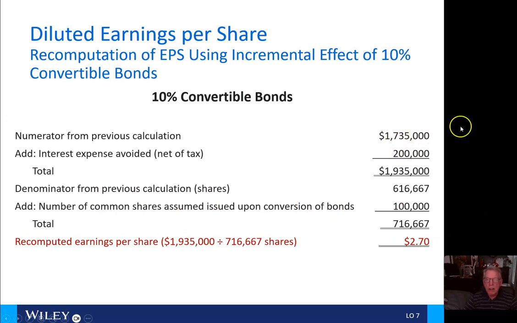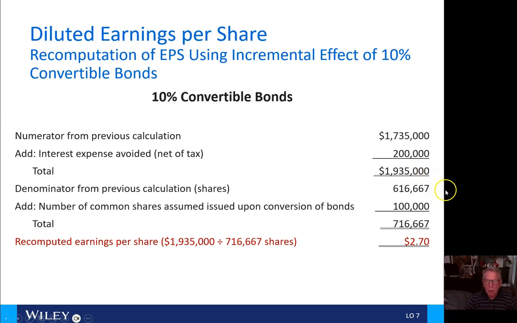Now moving on to the 10% convertible bonds, we start with our numerator of 1,735,000. We add back the interest expense avoided, net of tax, and that gives us $1,935,000.